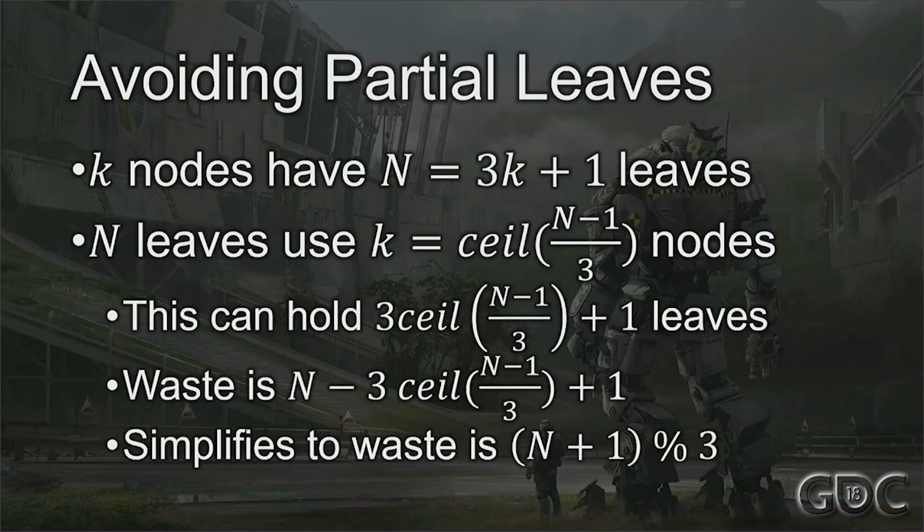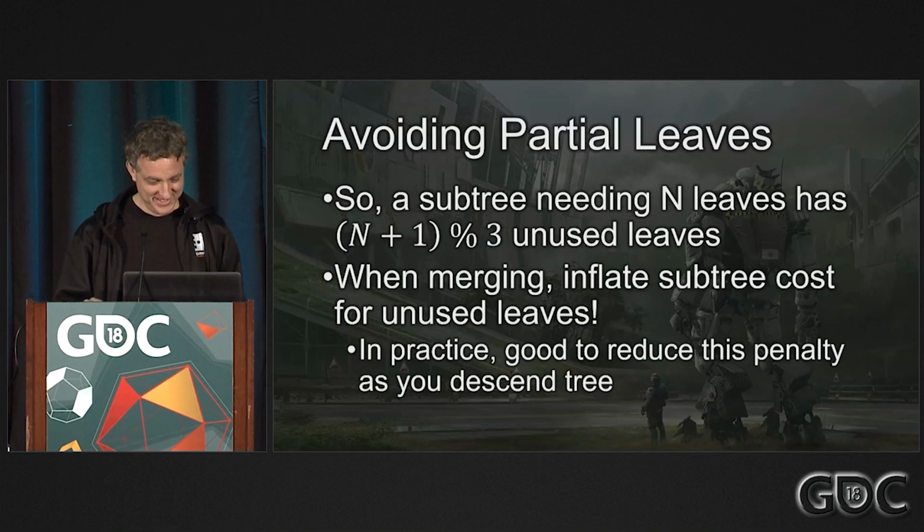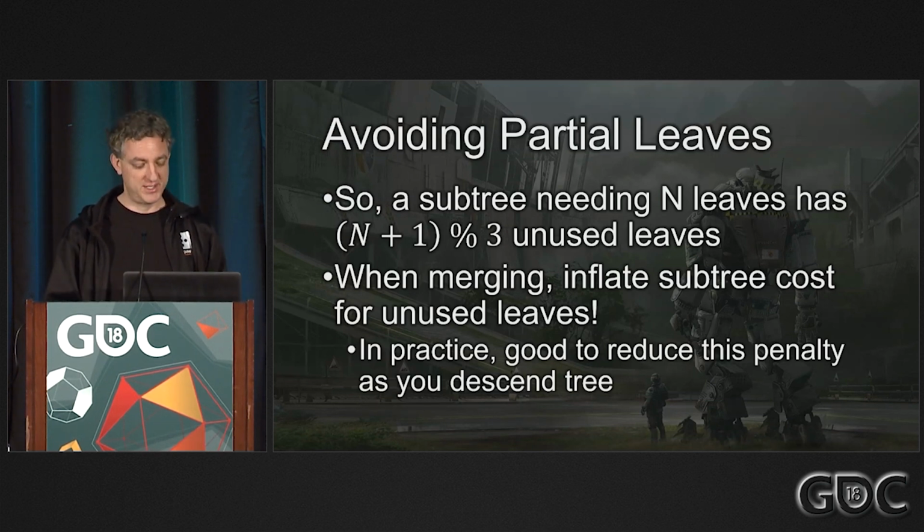And I'm not going to waste your time reading algebra to you. So that tells us how much leaves we're going to waste if we put this many nodes on this branch. So when merging, we just slightly increase the subtree cost if it's going to have unused leaves. And this does a pretty good job in practice of reducing the number of wasted leaves.